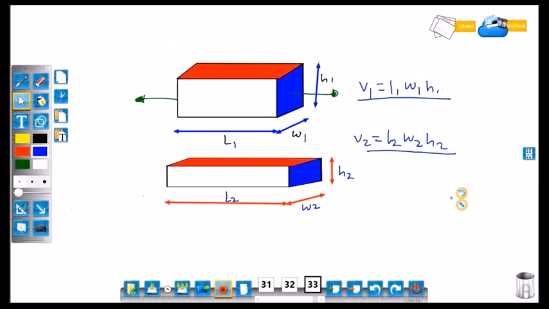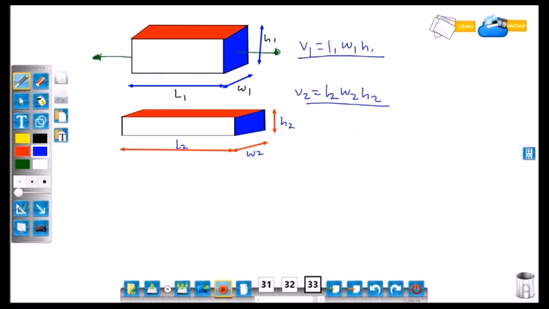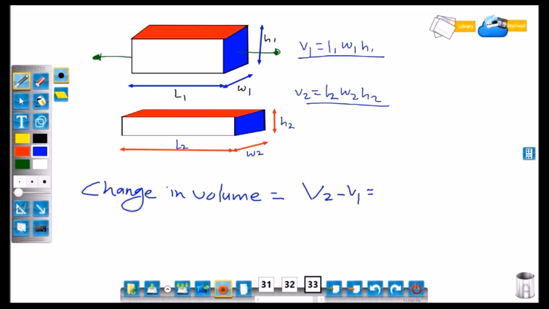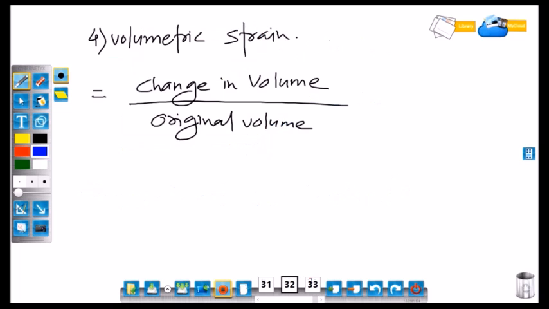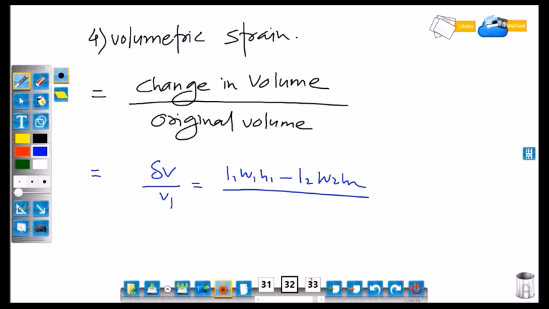So the change in volume will be V2 minus V1, that is delta V. So change in volume per unit original volume is equal to delta V upon V1, that is L2 W2 H2 minus L1 W1 H1 upon L1 W1 H1.